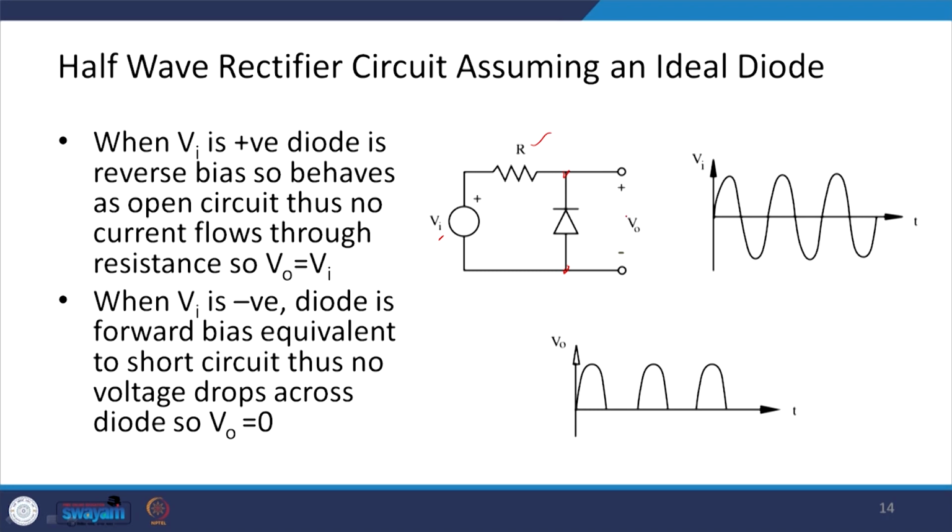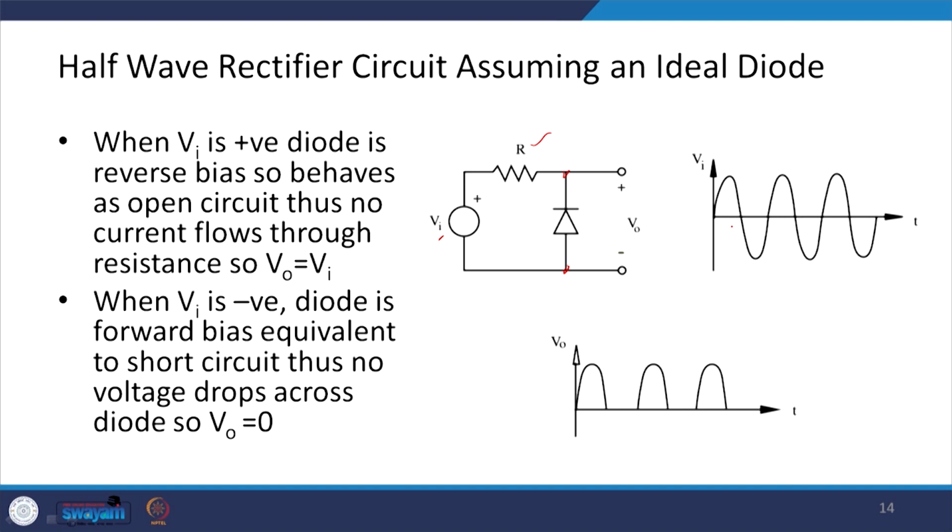Here there is a sinusoidal input, so the input voltage is both on the positive side as well as the negative side, and we want to rectify it, so that we have it only on the positive side.